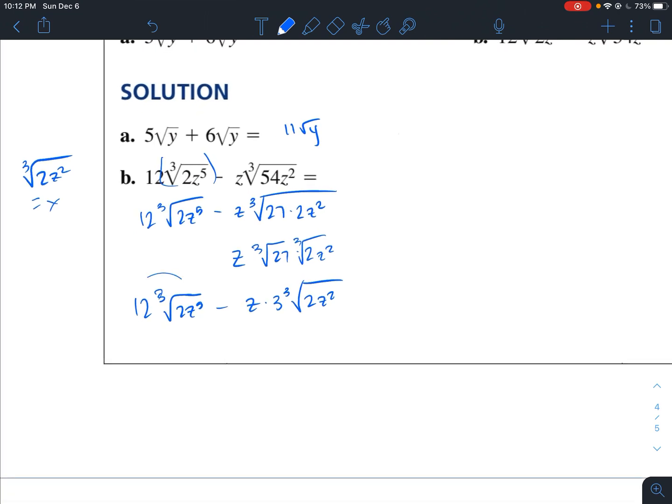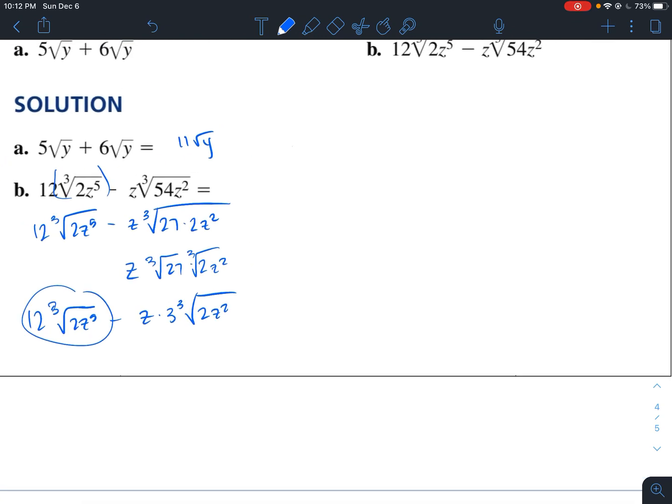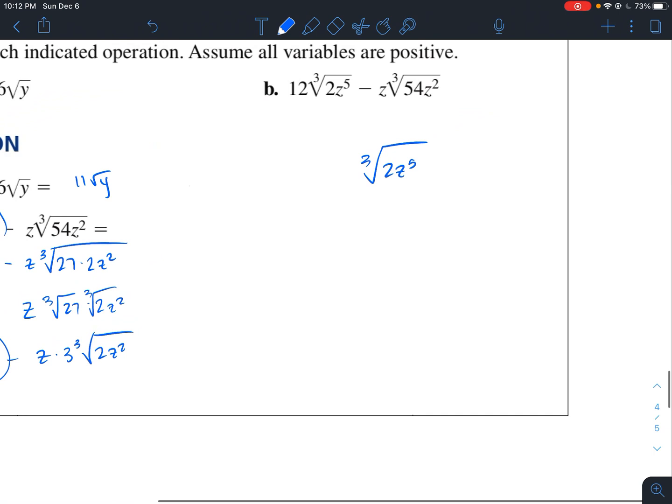So this needs to be simplified a little more. I'm going to take the third root of 2z to the 5th. I want to make sure this is the third root like it is over here. So I know this is equivalent to the third root of 2 times z to the third times z squared.